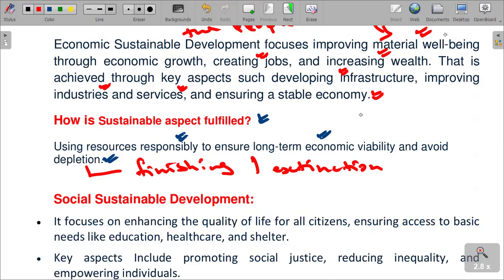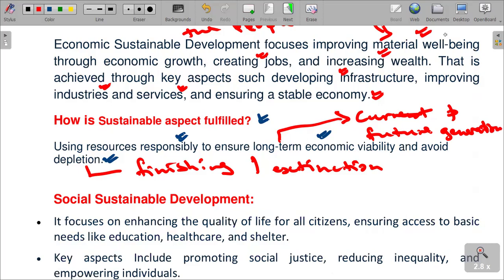So the long-term concept, the long-term idea here, we are talking about current and future what? Future generations. That is long-term. Current needs, current population requirements and expectations are met, and then we also worry about the future. So that is long-term.